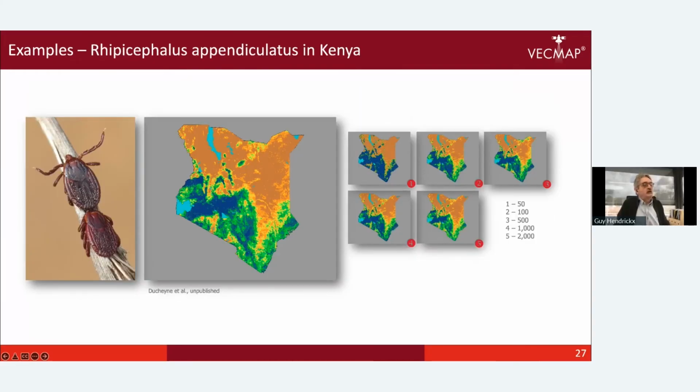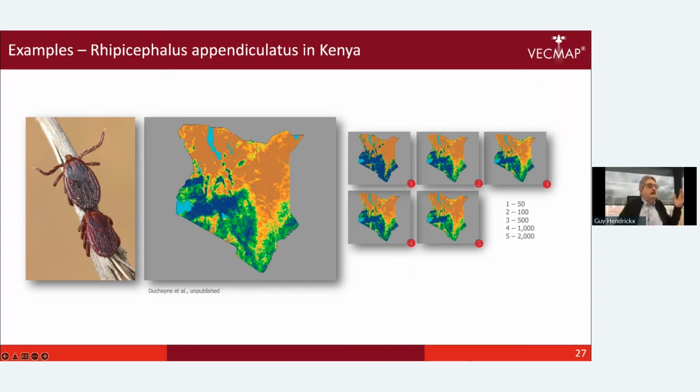In Kenya, we did a similar exercise. This was with the tick, Rhipicephalus. This was a typical example of a desk study where there were historical records, but that allowed us to play a lot with this. They had more than 2,000 records. So the full model with 2,000 records gives you this output.